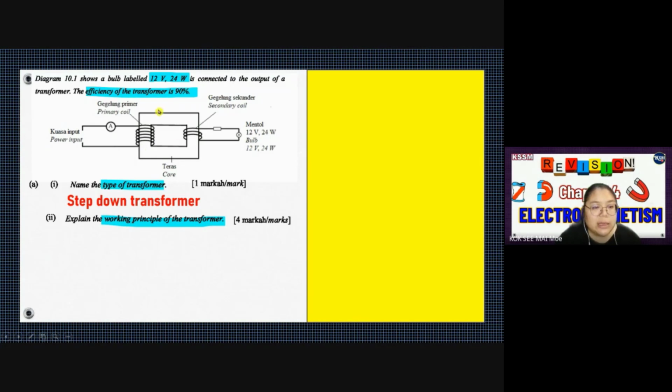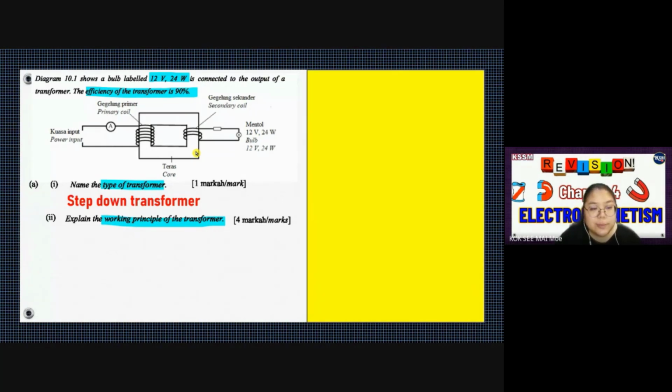Then it will magnetize the iron core. When they magnetize the iron core, after that, they get cutting of magnetic flux. After cutting the magnetic flux, they produce a secondary induced current. Then finally, the bulb can light up.